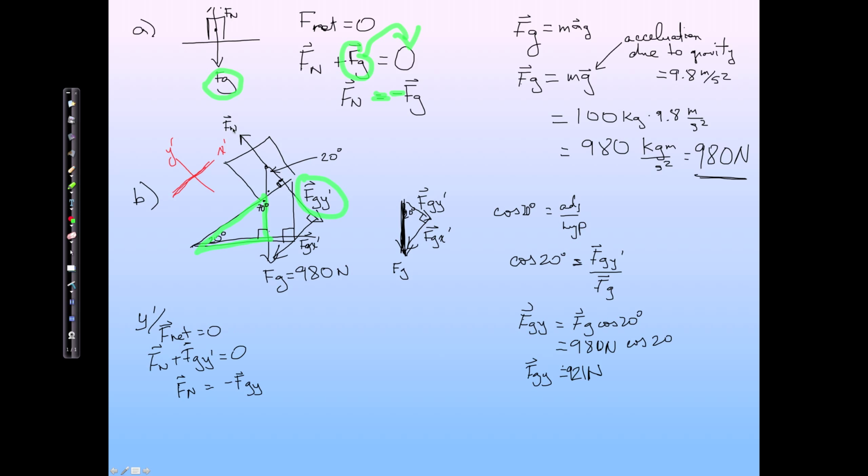And so let's give this direction, down and to the right, the negative y prime direction. Fn equals 921 newtons in the positive y prime direction.